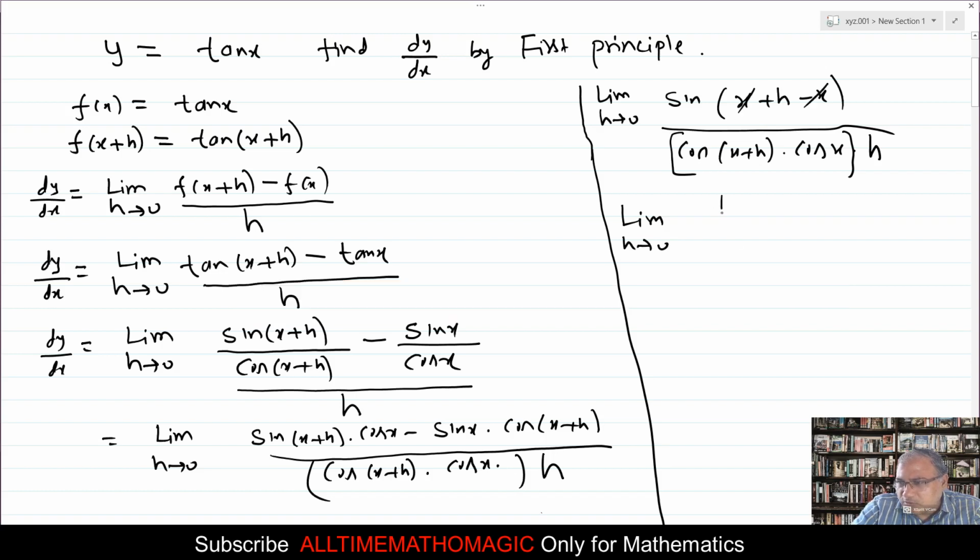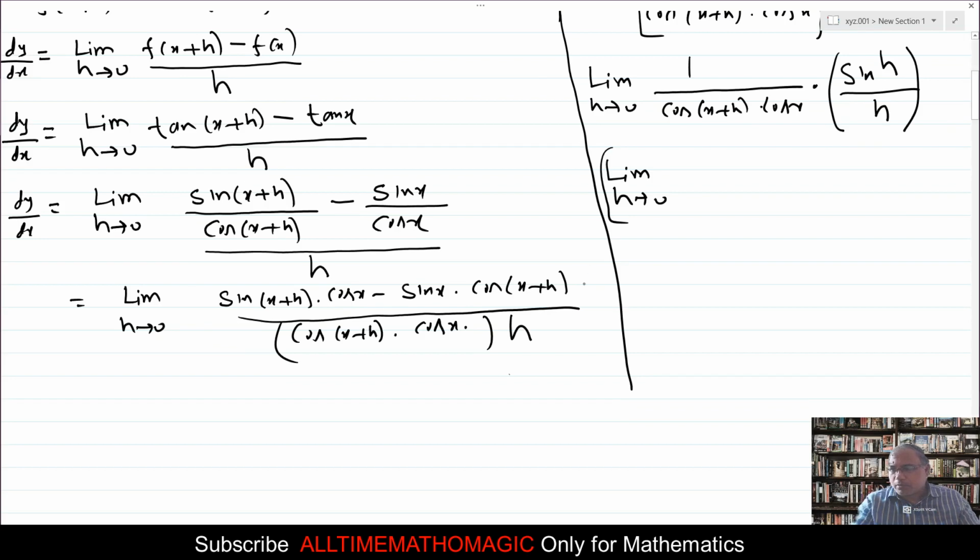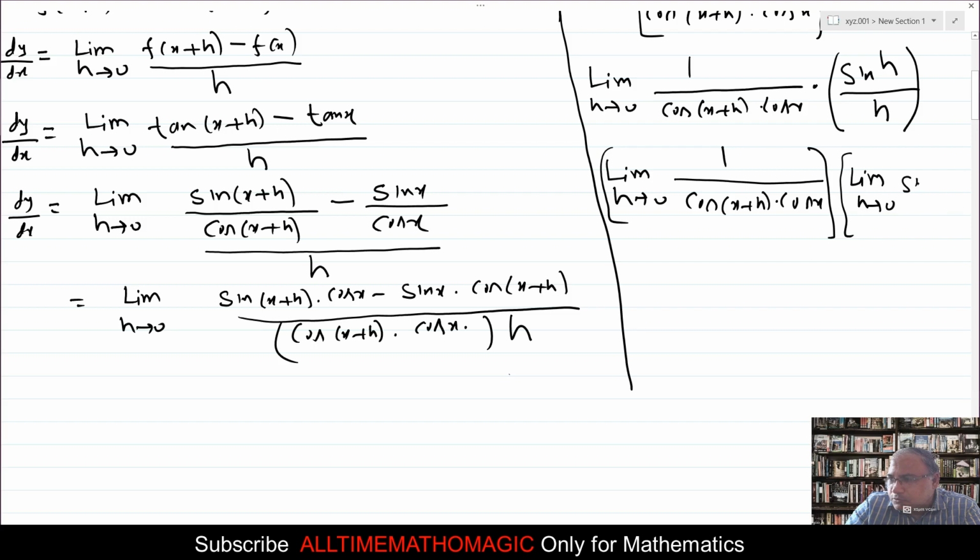This h and this h cut down: 1 upon cos of x plus h cos x, and sin h upon h. Limit h tending to 0 of 1 upon cos of x plus h cos x, times limit h tending to 0 of sin h upon h.